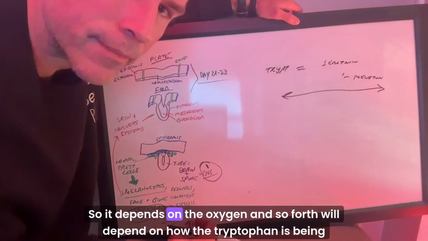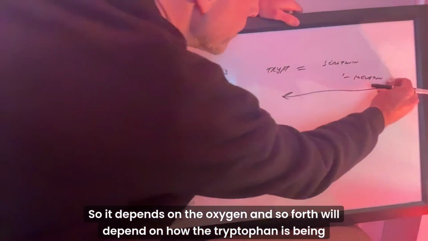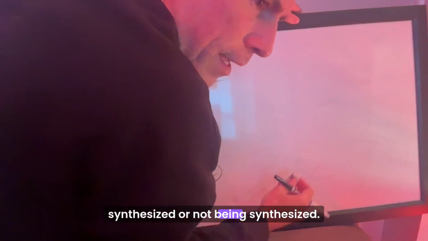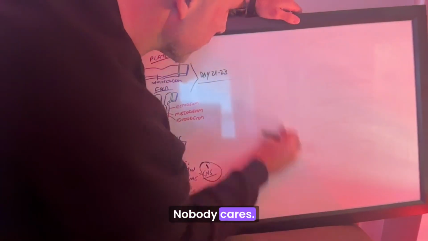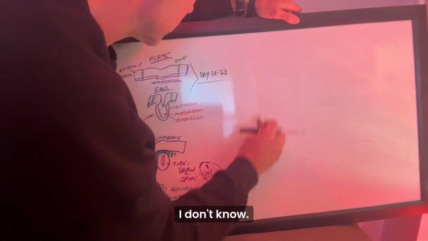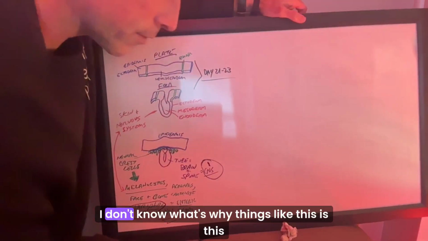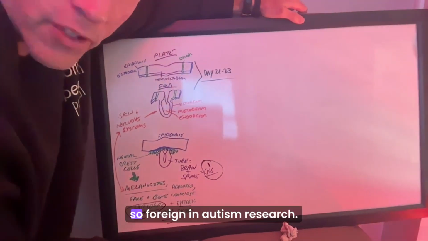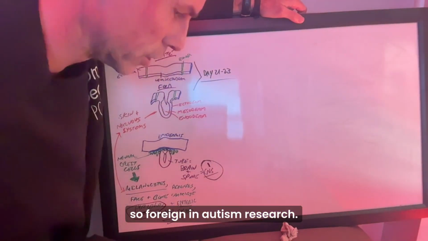So it depends on the oxygen how the tryptophan's being synthesized or not being synthesized. Nobody cares, I don't think. I don't know why things like this are so foreign in autism research.